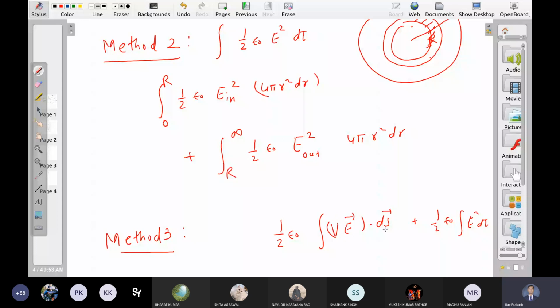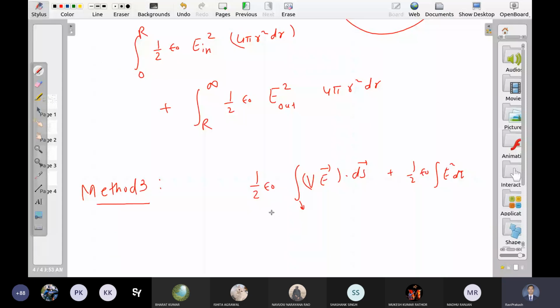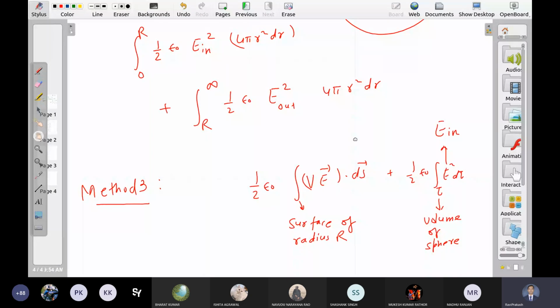Surface of charge containing surface of radius r. What is this volume? Volume of sphere. Okay. Means this E has to be E inside. There is no E outside now. Okay. So this is the meaning of this last term.